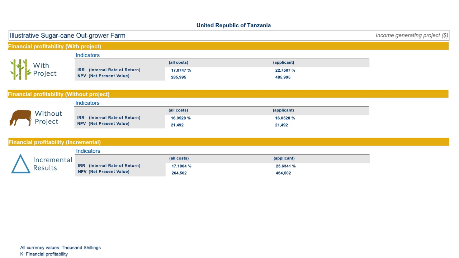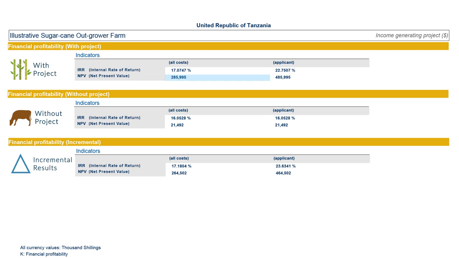However, the net present value differs widely. For the proposed sugarcane operation, which is the with project situation, the net present value is 286 million Tanzanian shillings.